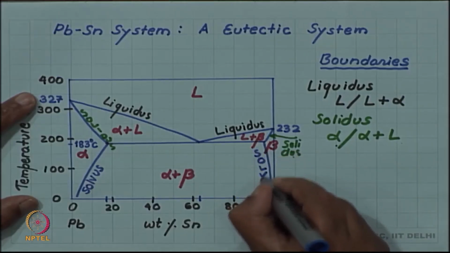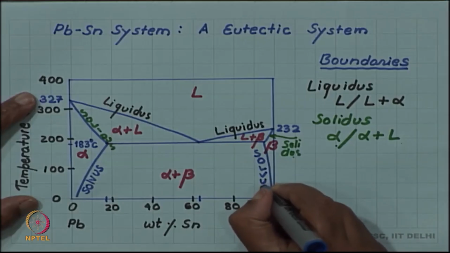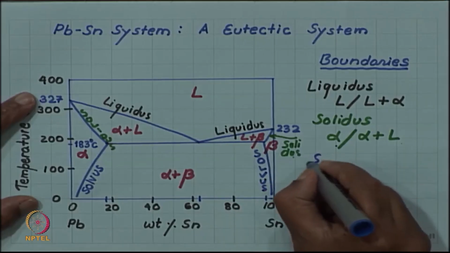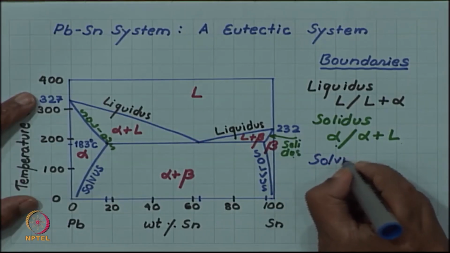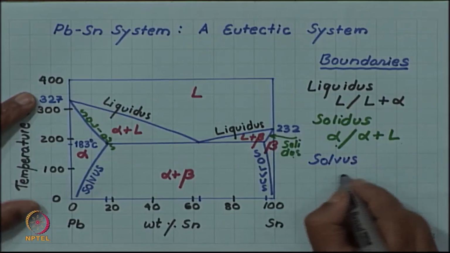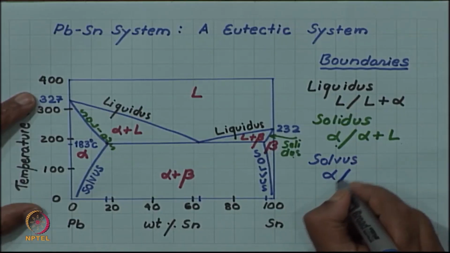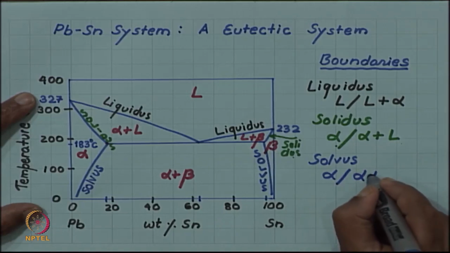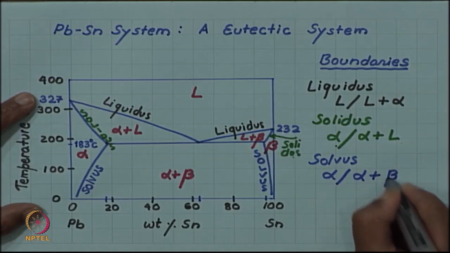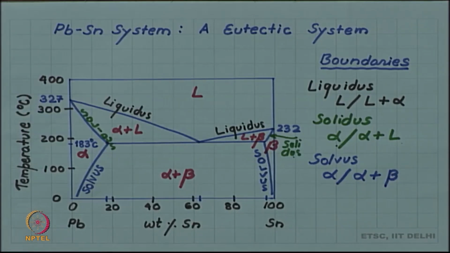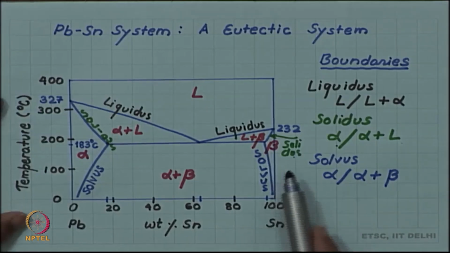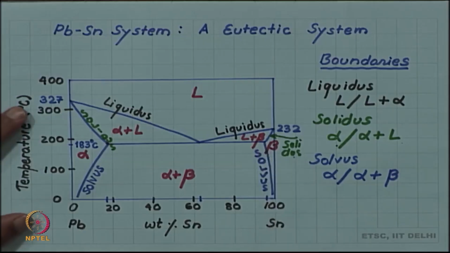These lines are called solvus. So, I have solvus, which is a boundary between a solid phase and the mixture of two solids, alpha, alpha plus beta. Of course, beta, alpha plus beta is also another solvus there.